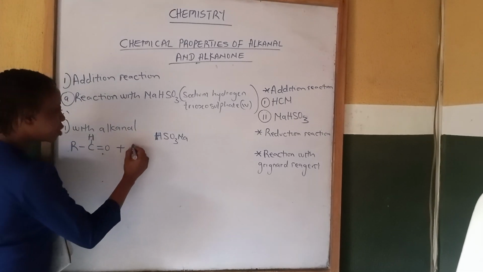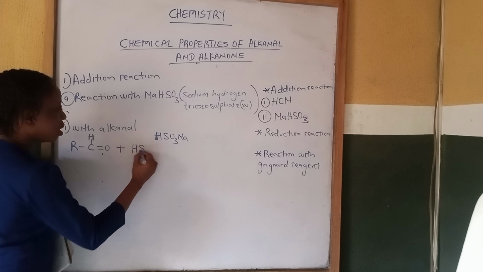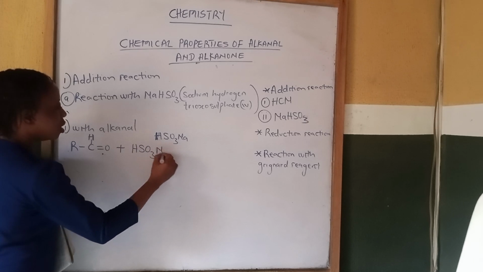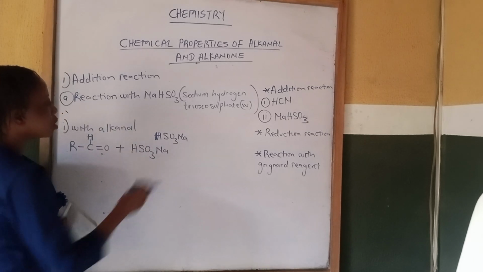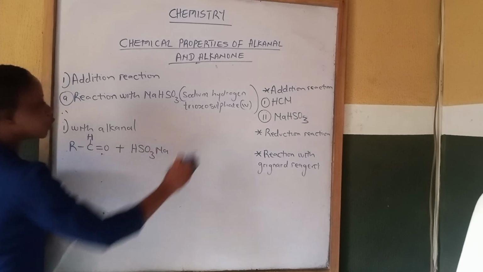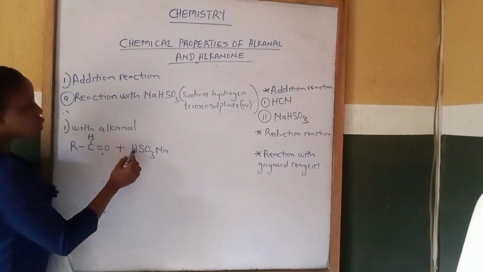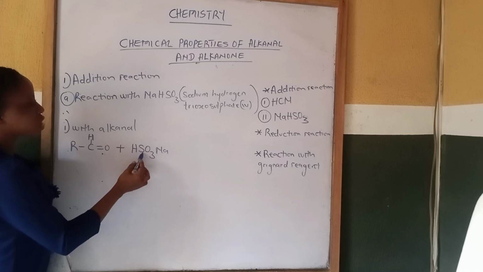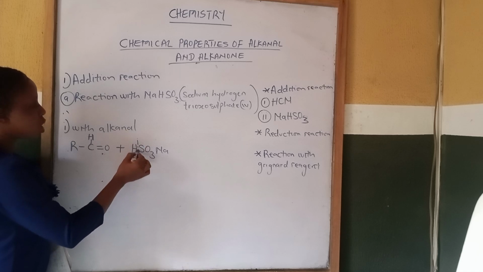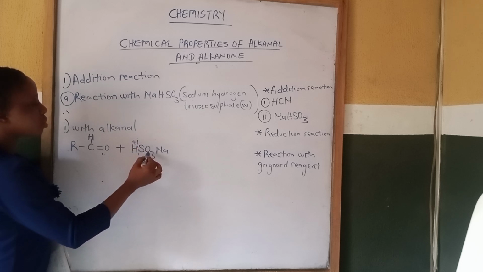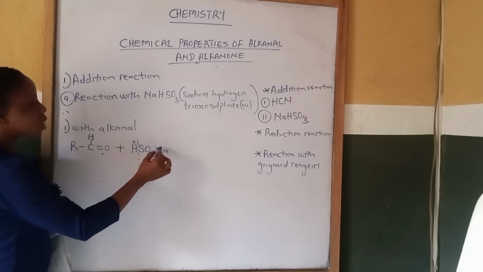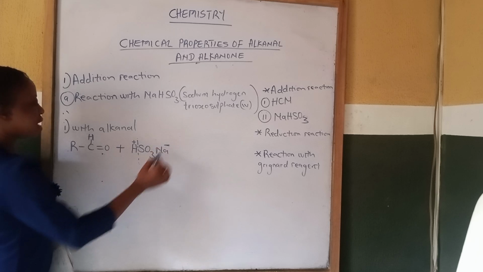So reacting with HSO3Na, let's see how we are going to form our products. The sodium hydrogen trioxosulfate will decompose to hydrogen and sodium trioxosulfate. Hydrogen is positive, then sodium trioxosulfate is negative.